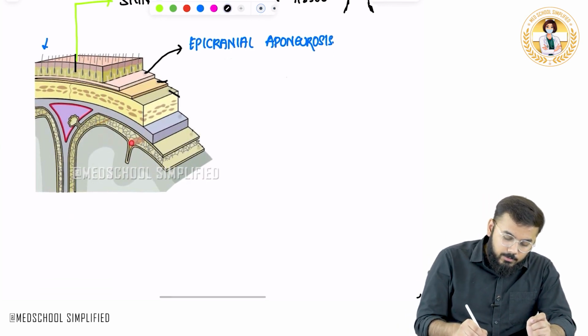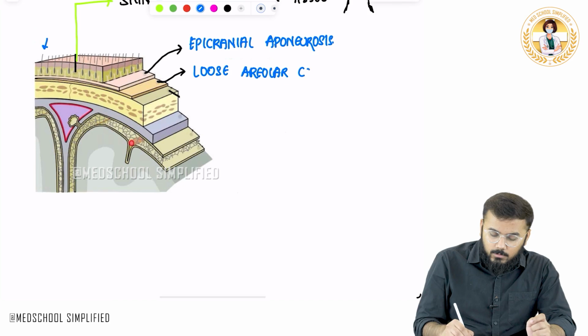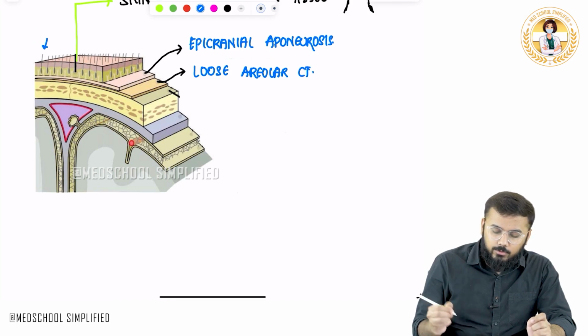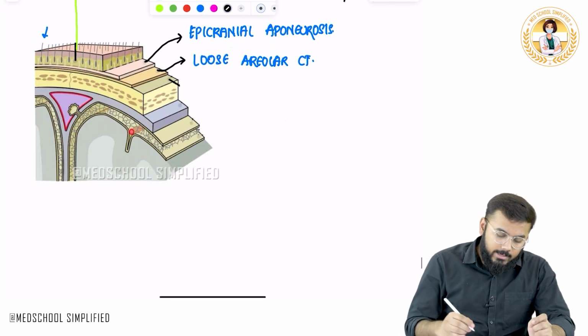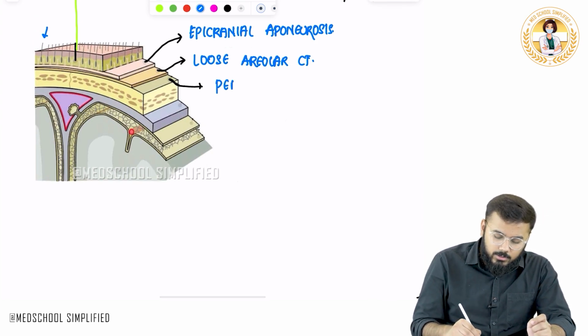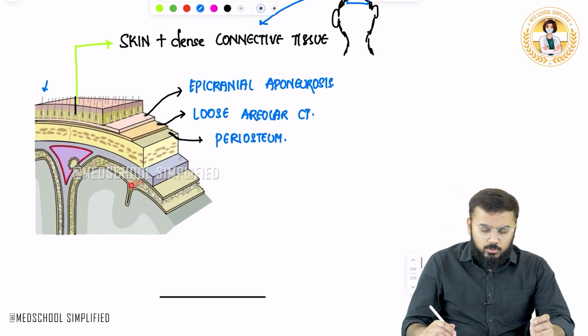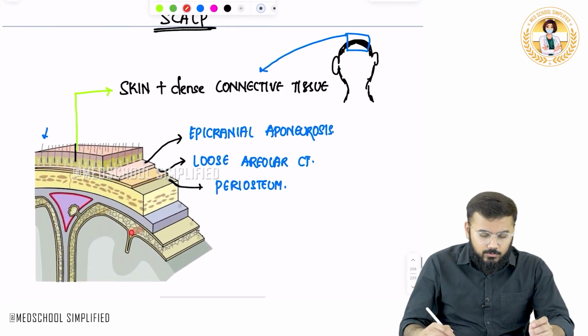After that, this particular layer which you can see over here is called loose areolar connective tissue. And next, this layer over here is called your periosteum.